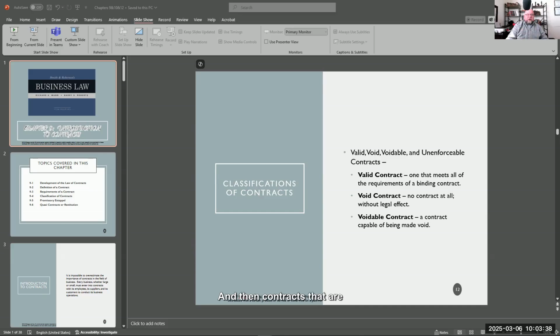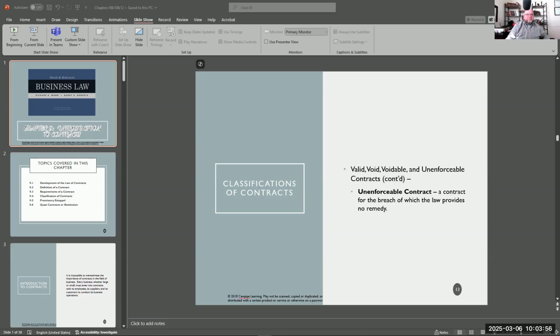And then contracts that are unenforceable are contracts that could be for an illegal means. You cannot force someone in court to carry out a contract that was entered into for an illegal process or for an illegal act.